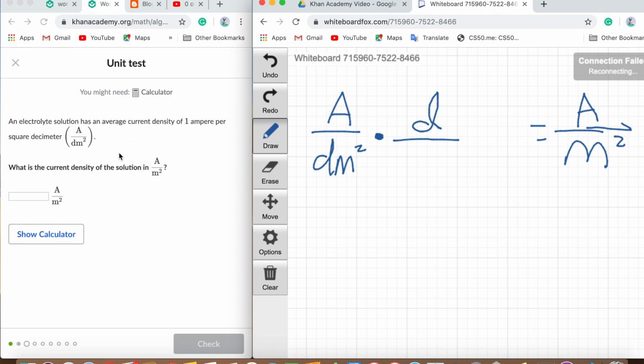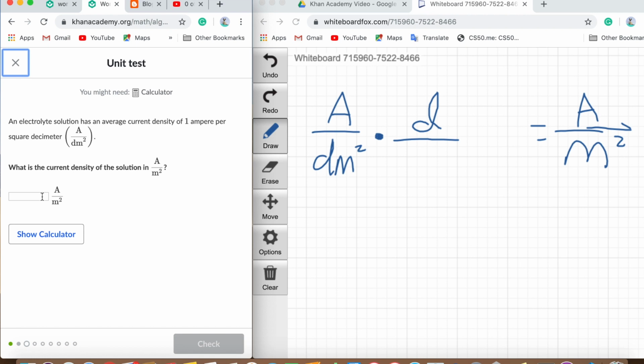We need to use this D. Okay, so if we do that, it's eliminated by multiplying by D, which is not the actual result. But yeah, it said 1 ampere per square decimeter. So I think if we're right, it should work.